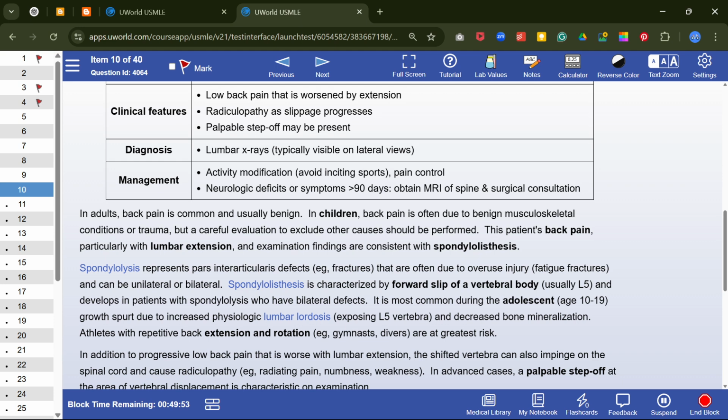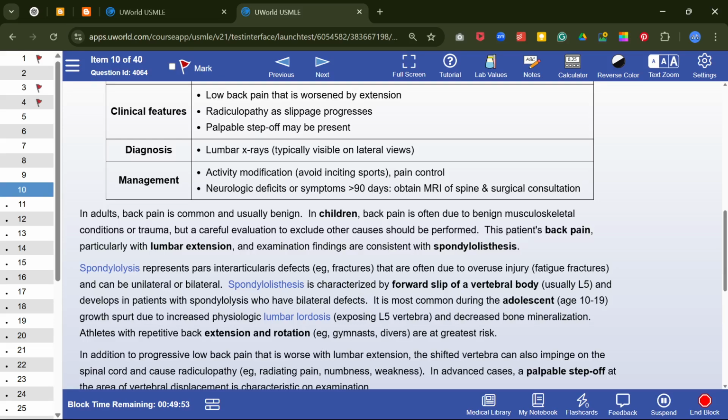Spondylolysis represents pars interarticularis defects, fractures that are often due to overuse, injury, or fatigue fracture, and can be unilateral or bilateral.